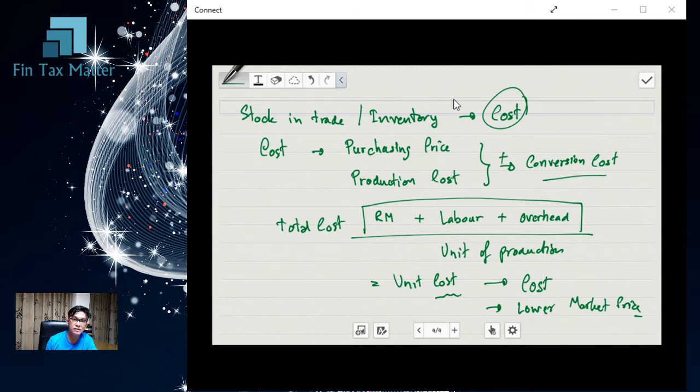Tax will recognize the difference between the cost and the market price as a loss on inventory valuation, and recognize this as an expense in the calculation of the taxable net profit. But if in a subsequent period the market price of the inventory is higher than the cost, they cannot assess that value up, because stock should be valued at the cost or the lower market price. These are the meaning of section 65 bis number 6.